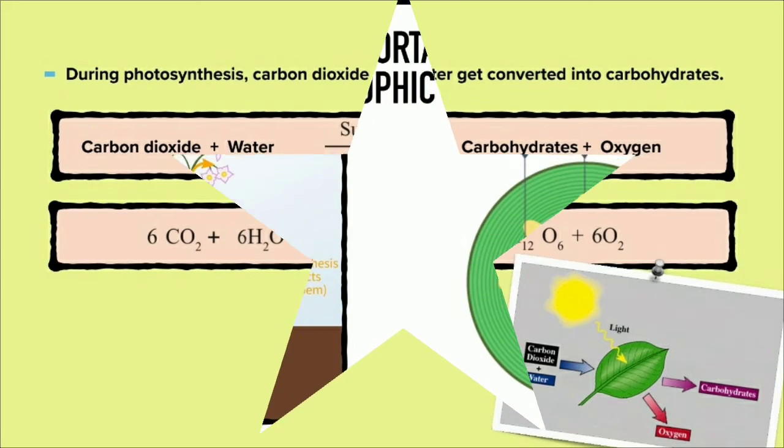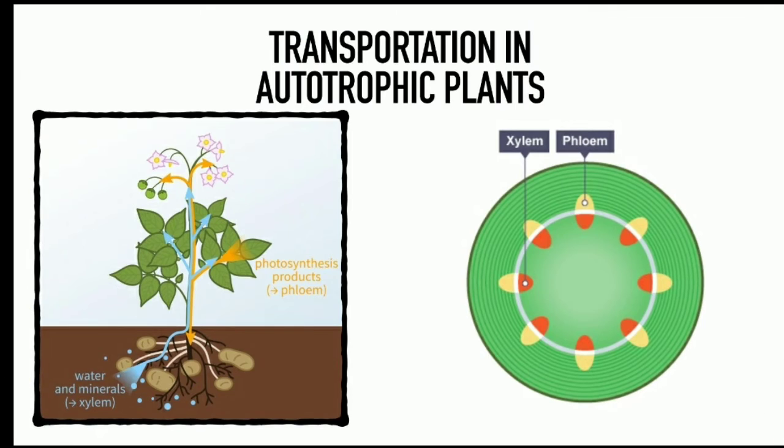Now let us study transportation in autotrophic plants. The transport system in plants. Okay. The transport system of plants consists of xylem and phloem, as you can see on your screen, children. The xylem transports minerals and water from the roots to all the aerial parts of the plant.